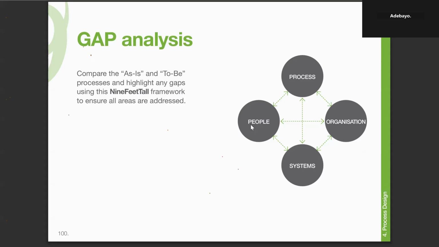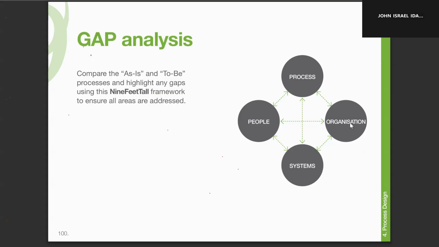You can use that to fix the gap. Sometimes it's the process. You have to draft a whole new process or tweak the process, either process improvement or process redesign. Or sometimes it's the organization, where the structure of things is really not allowing things to work. There's too much bureaucracy, so you have to retweak the overall organizational structure to reach that future state.